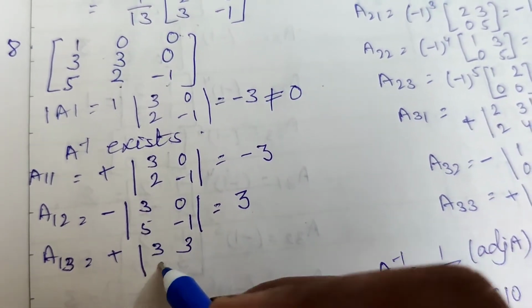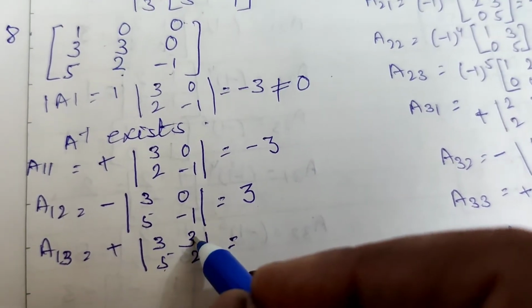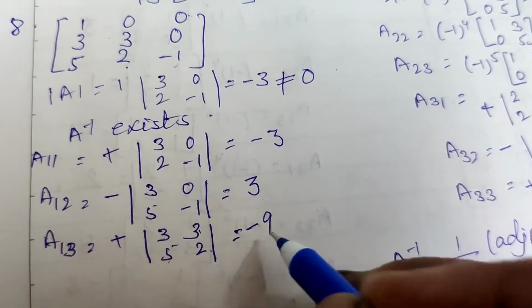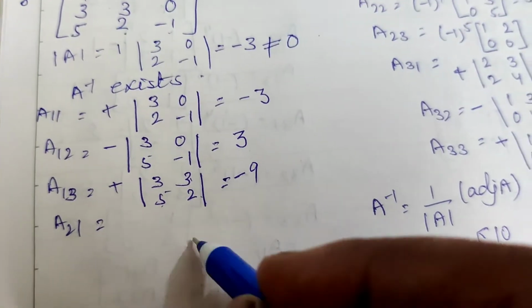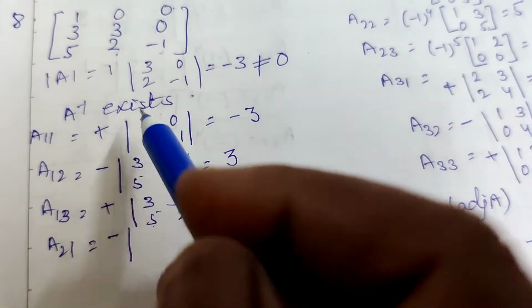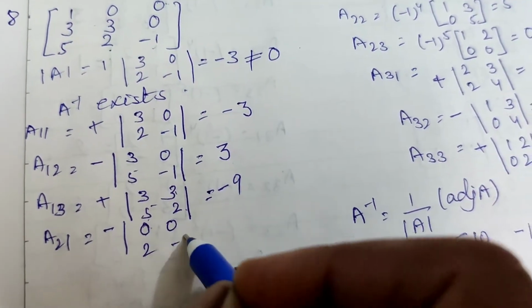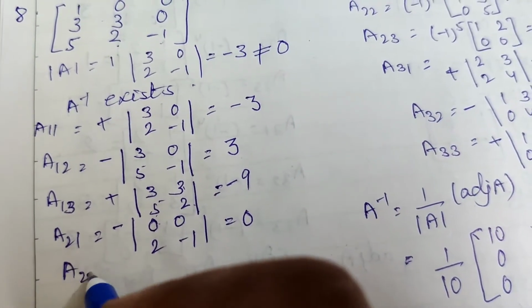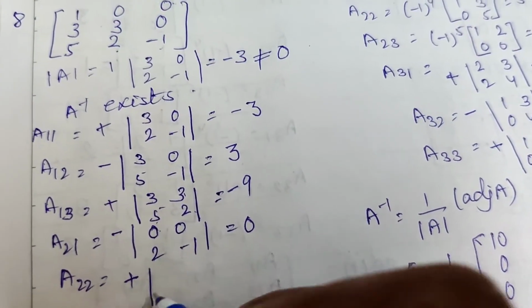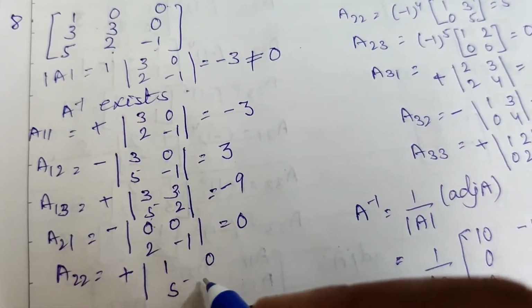Next A13, plus first row third column, 0, 3, 0, 0. It is 0. Next A21, minus, second row first column, 3, 5, 0, minus 1. A22, second row second column, 1, 5, 0, minus 1.